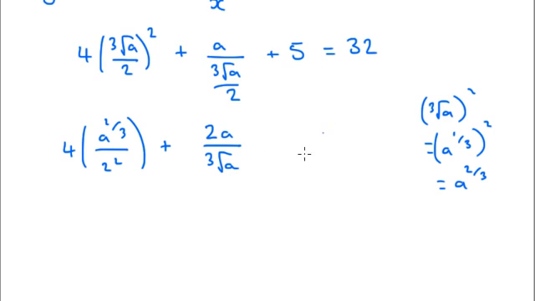I'm going to move this 5 to the other side. I don't know which side I'm going to want it, but I'm just going to move it out of the way for now. We've got 4 here and a 2 over 2 squared here. So they're going to cancel. So that's a to the 2/3. Plus 2 lots of, this time we've got an a over a to the third.